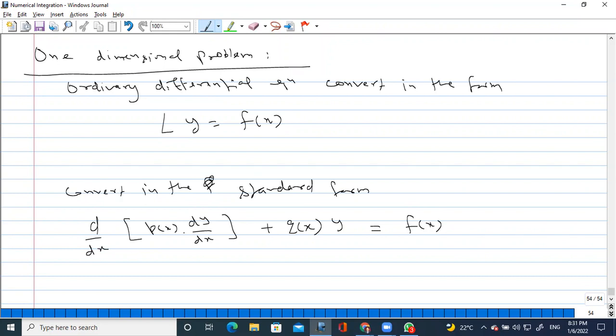In this form you have to convert it, and here x is varying between limits a to b. So x is in between a to b. This is my form.